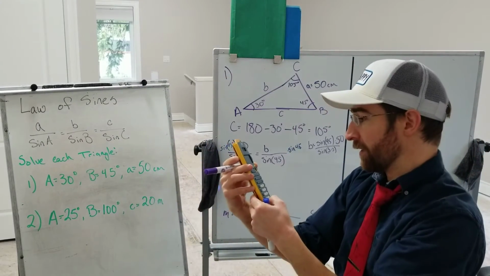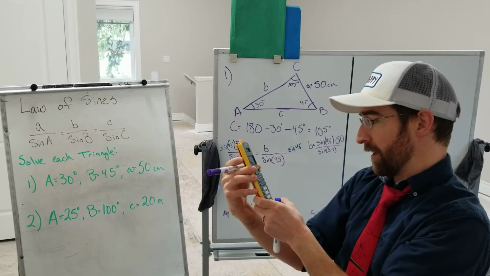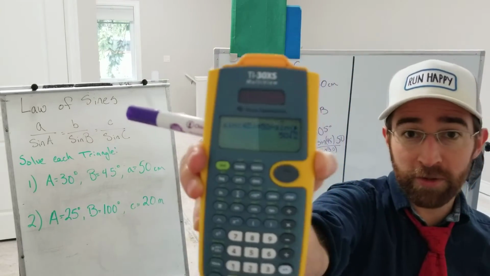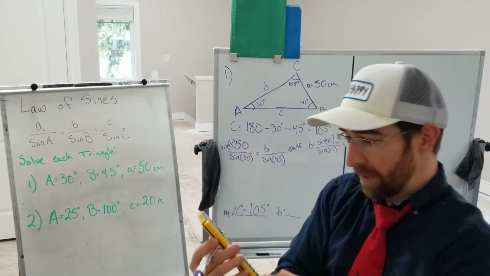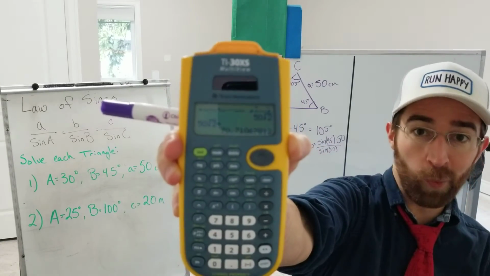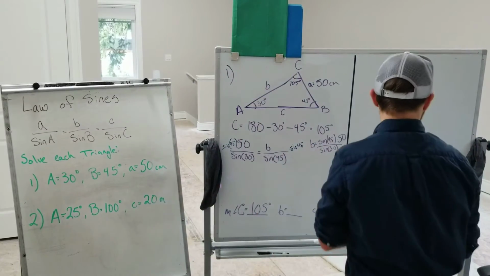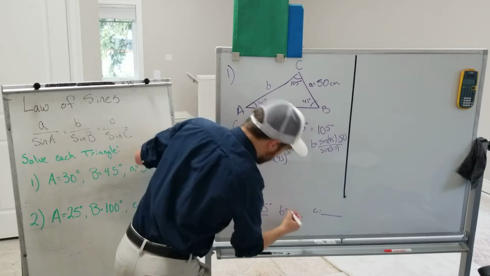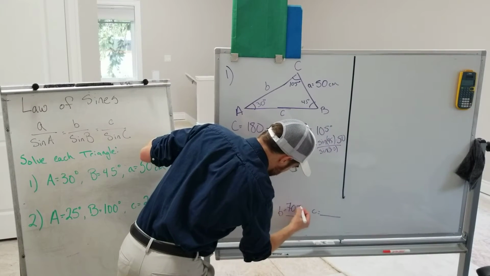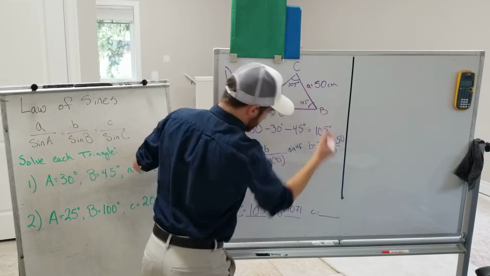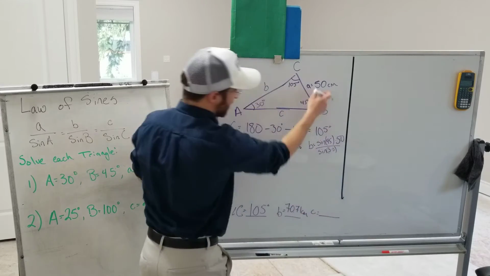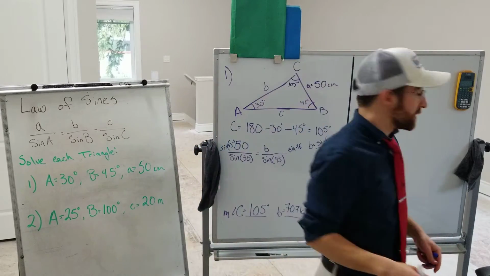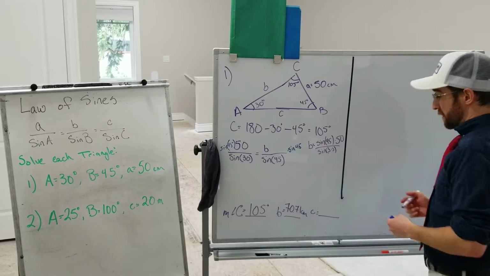Hit enter. 50 square roots of 2. I want the decimal approximation. It's about 70.71. So side B is about 70.71 centimeters. Because this side was given in centimeters, the other side is also going to be in centimeters.